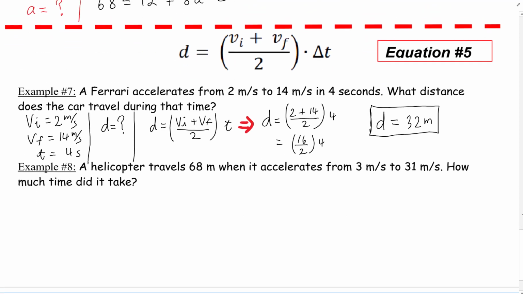And here's the last question on this introduction to acceleration and all the different quantities and formulas. So give this question a head start. See if you can get the answer ahead of me. The answer should be 4 seconds. Try it out.